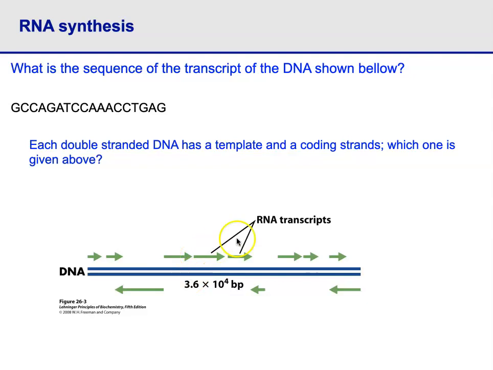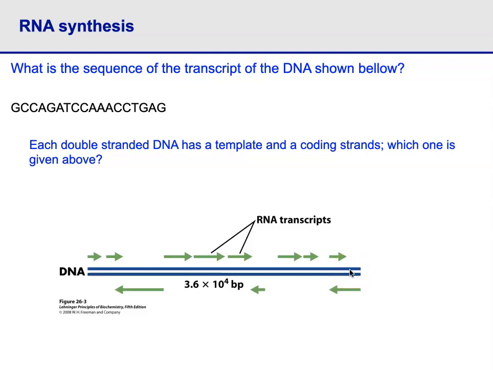However, if the beginning of the gene is here and the termination signal is here, that means that the gene will be expressed in the opposite direction. So for such a gene, this strand that is shown here as the bottom strand would be the coding strand, while the top strand on this image will be the template strand.